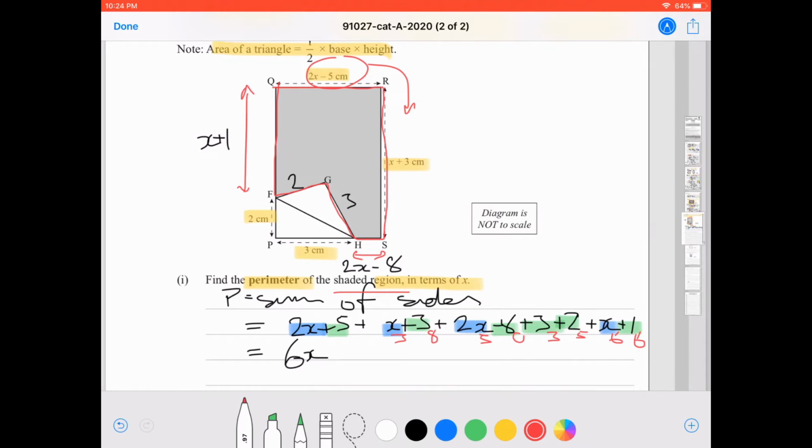And have I made a mistake here, possibly? Looking at the marking schedule, just checking, there's my mistake. I had positive 5, not minus 5. Okay, so let's do our green numbers again.